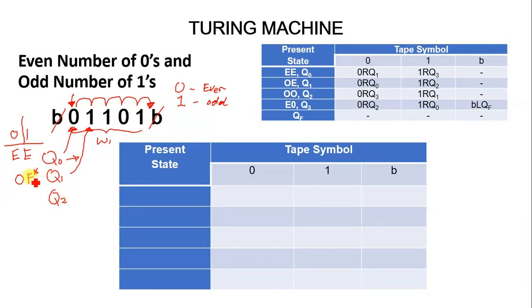At Q2, the number of 0s is still odd, and the number of 1s has now changed to odd.